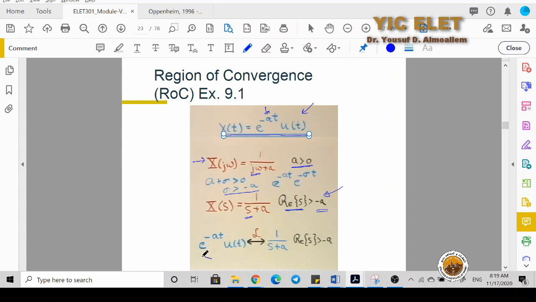So as you can see, the Laplace transform is similar to the Fourier transform, replacing j omega with S, but the region of convergence makes a big difference to us.